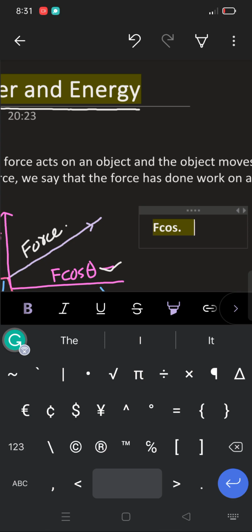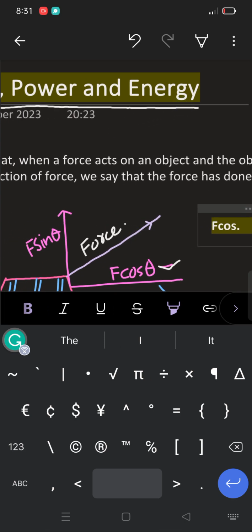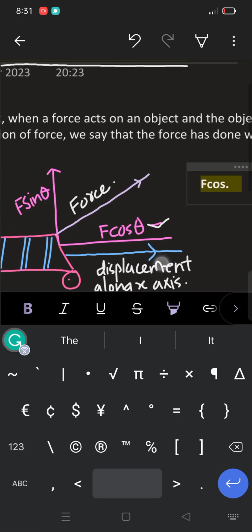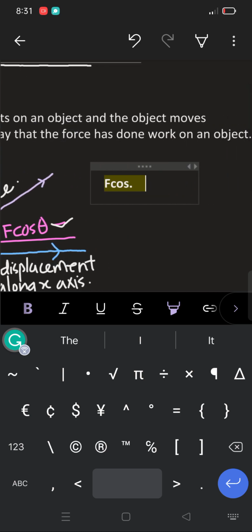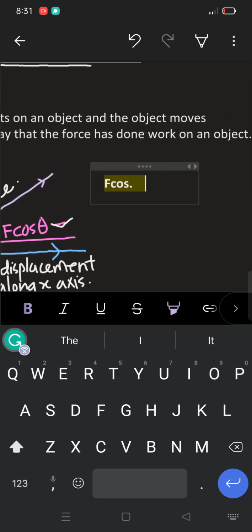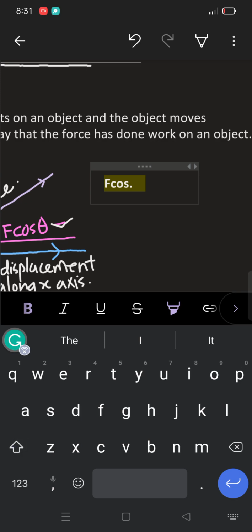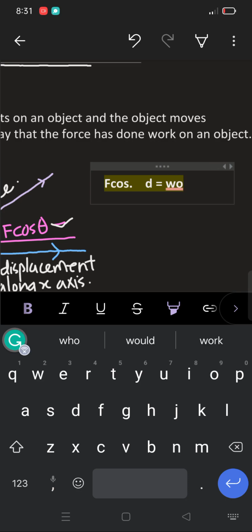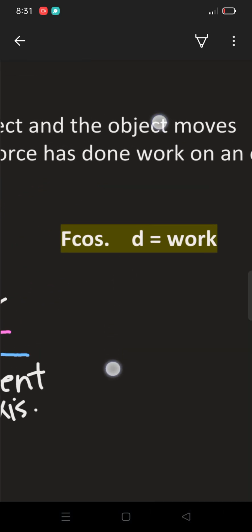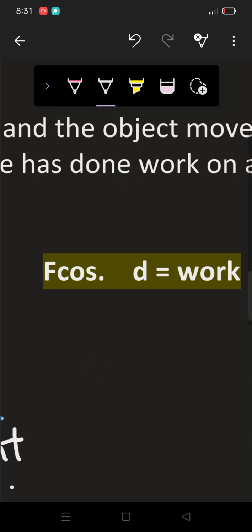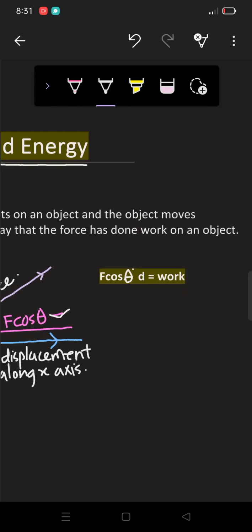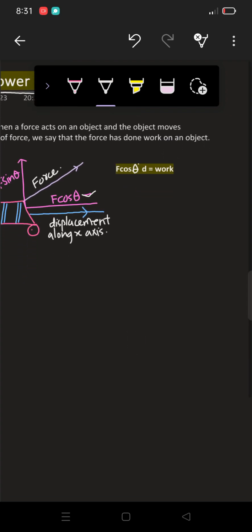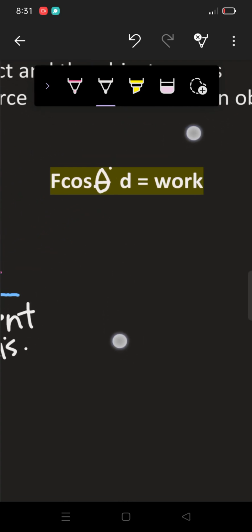Then f cos theta, and we need to multiply this with displacement, since the body is covering displacement, so we are replacing displacement with d, which will be equal to work. So f cos theta into d is equal to work.